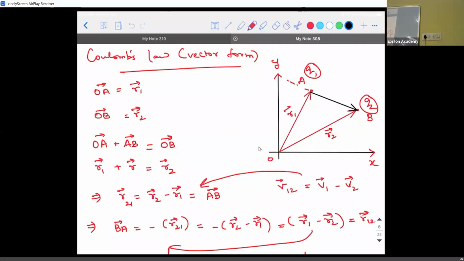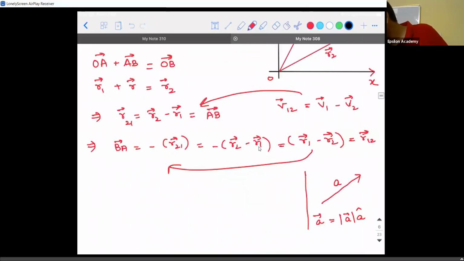The force between two point charges always acts along the line joining both the charges.